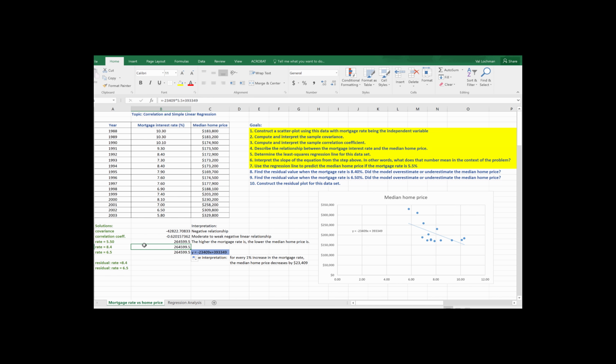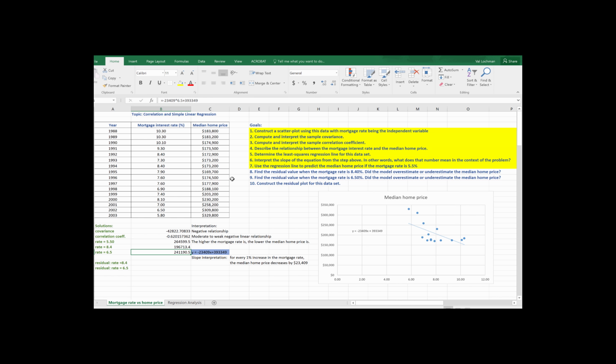But once I go back into the cell, I'm going to change 5.5 into 8.4. Okay, so if my rate is 8.4, then I get this value right here. And then if it's 6.5, so let's change this number to 6.5, I get these prices right here.